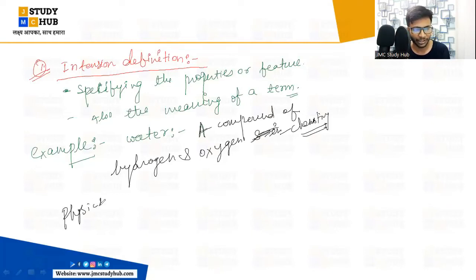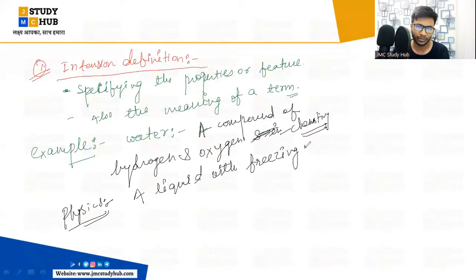How will you define it in physics? In physics, it will be defined as a liquid with freezing point of 0 degrees Celsius and boiling point, how many degrees?